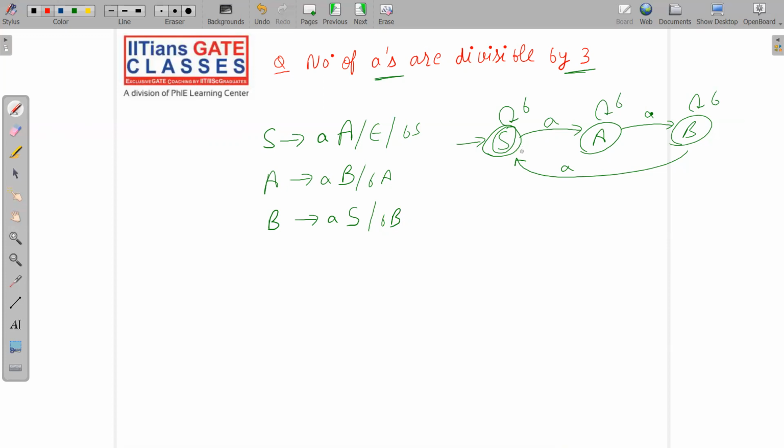Okay, and if I say not divisible by 3, that means what? Remainder 1 or remainder 2. So you will write null in both places. So let me show you properly. Please first note these things down. Now I say remainder 1. Remainder 1 means this will be the final. Okay, this won't remain final.